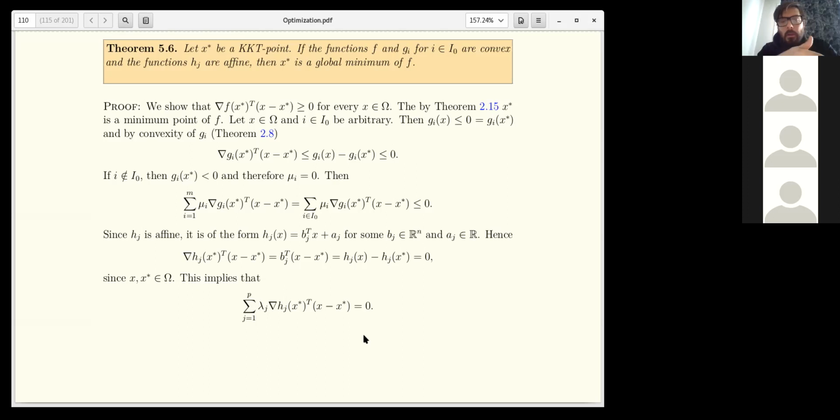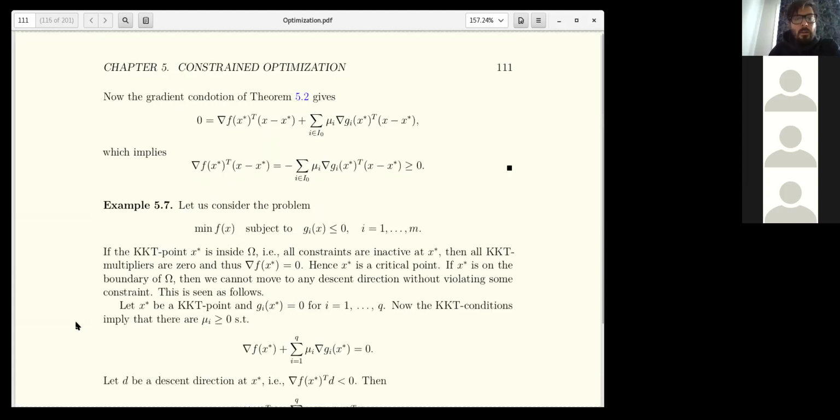Convexity is used on the active constraints and the KKT point conditions, and then by simple algebraic moving around of the terms, we can come to the conclusion that this gradient-based approximation of how the value of f changes when we move from x to x star is given by this part of the equation that is given with the g constraints, and due to the convexity of that and the nature of the KKT conditions, it's an increasing direction for the function.